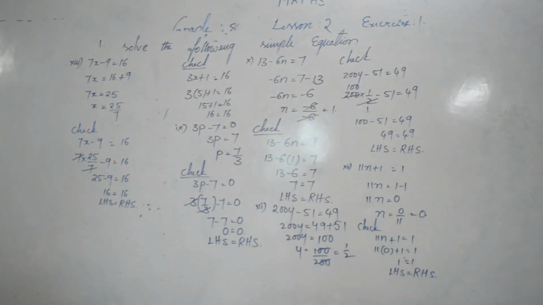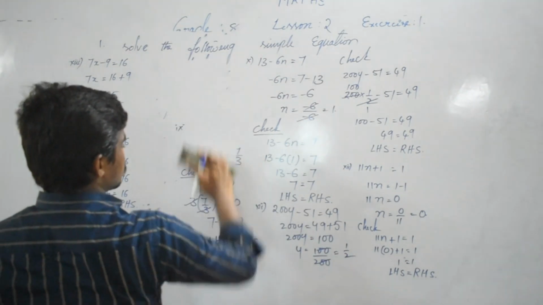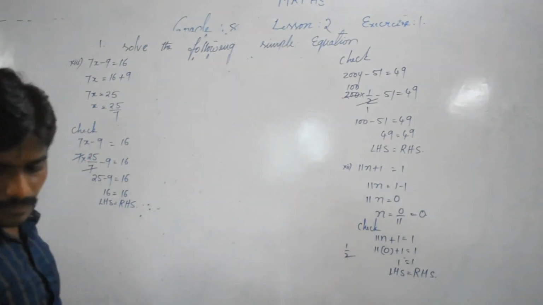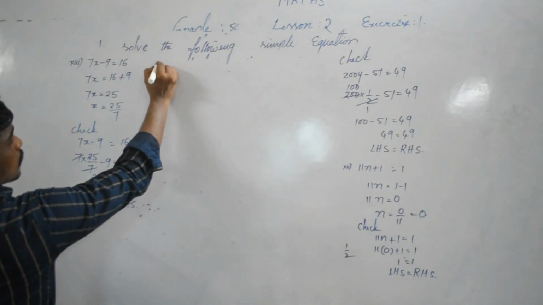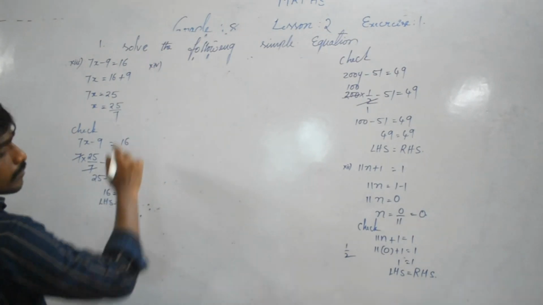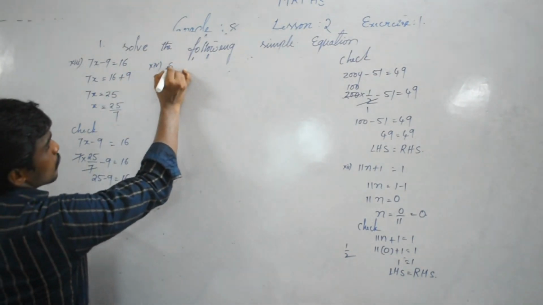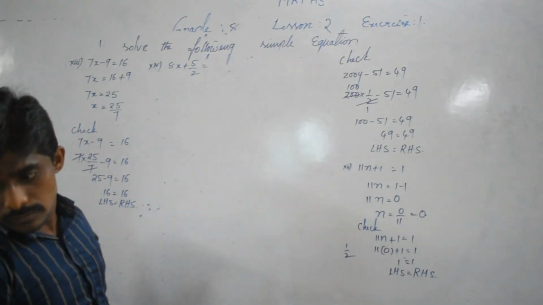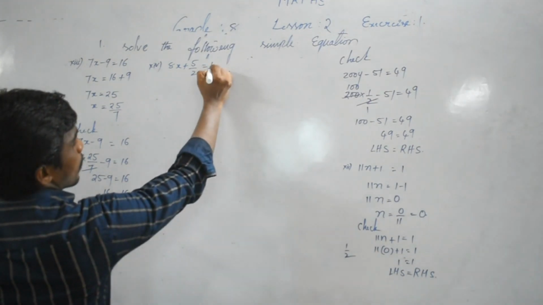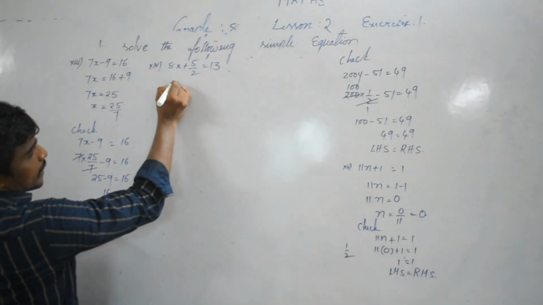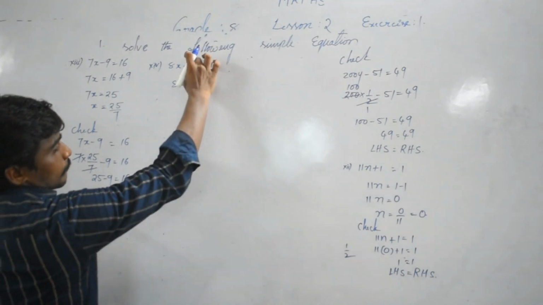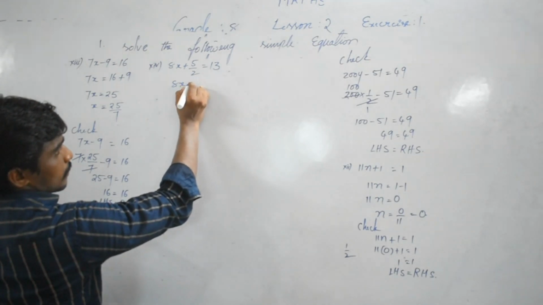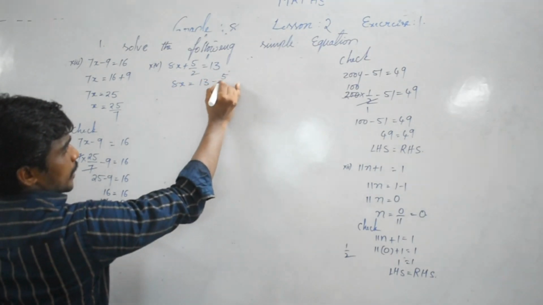Next one, 14th one, 8x plus 5 by 2 is equal to 13. So here 5 by 2 moving this side, 13 minus 5 by 2.